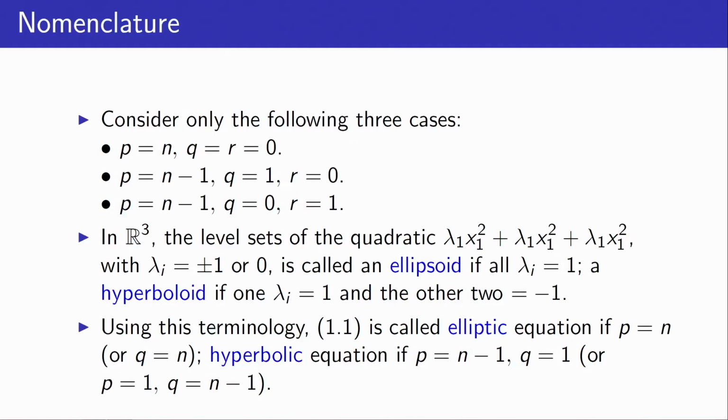In these two classifications there are no 0 eigenvalues. In the first case the quadratic form is called definite, and in the other case it is called indefinite. In the definite case it will have either all positive or all negative sign, and in the hyperbolic case it takes both positive and negative values.